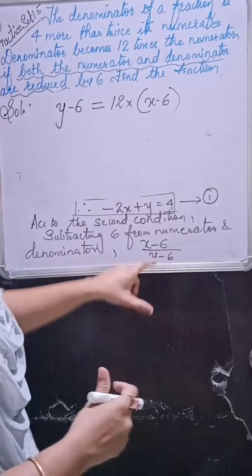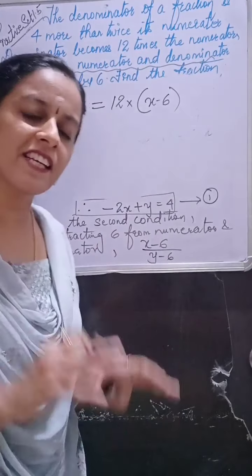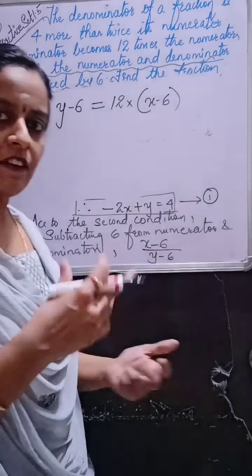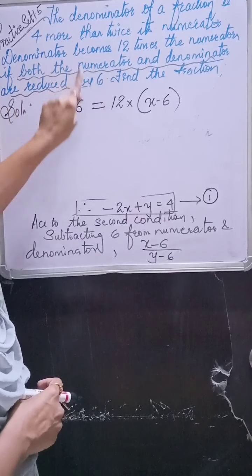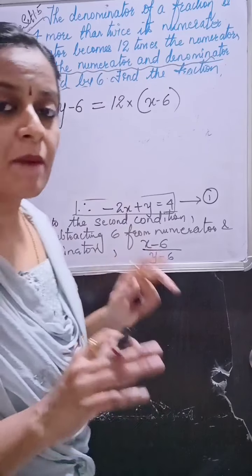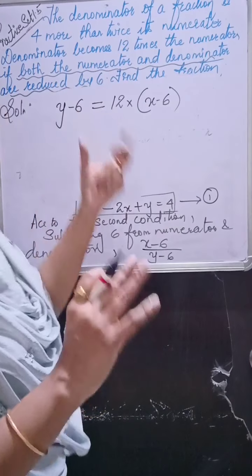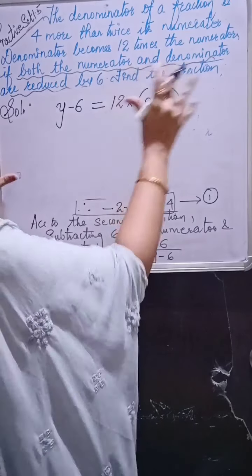When you subtract 6 from numerator and denominator. So first we subtracted 6 from numerator, we got x minus 6. Denominator y minus 6. Then we applied the condition. Now in this case, the new denominator, after subtracting 6, the denominator we got is 12 times the numerator. Now let us solve this.